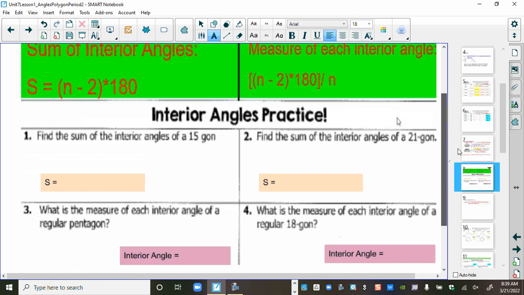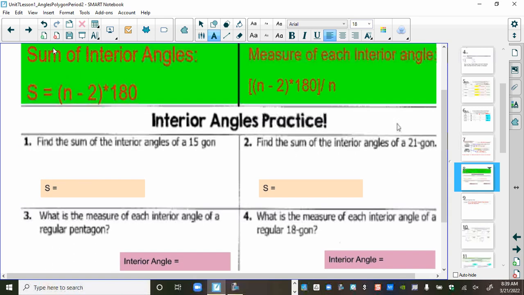All right. So now, the question is, which formula do we use? Do we use the sum of the interior angles or the measure of each interior angle? Let's look at the first one. Find the sum of the interior angles of a 15-gon. First off, we have to figure out the value of n.